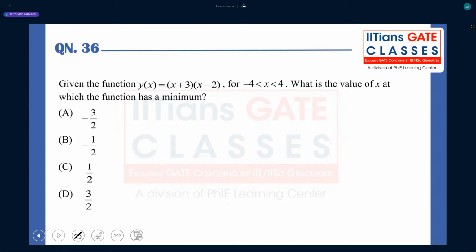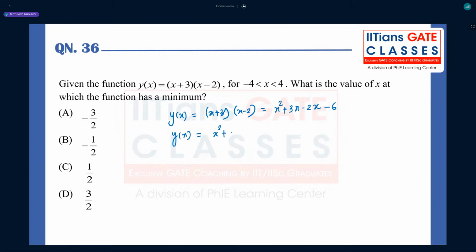So we know that this given function is in the form of a single variable, and whenever a function has only one independent variable, we have to differentiate it and equate it to 0. So y of x equal to (x plus 3)(x minus 2) can be written as x square plus 3x minus 2x minus 6. So y of x is simply x square plus x minus 6.